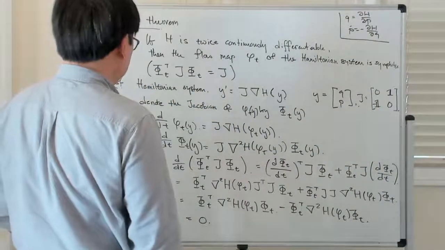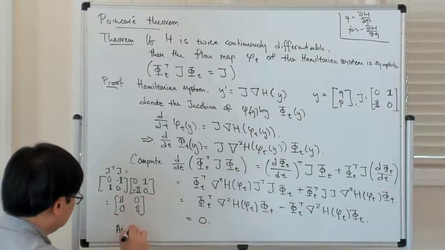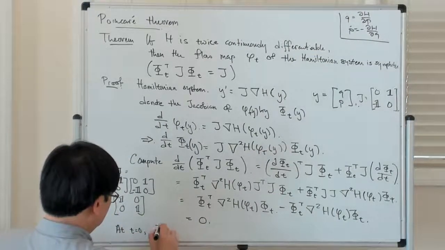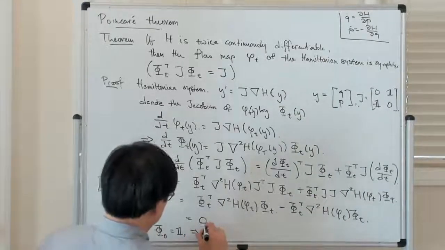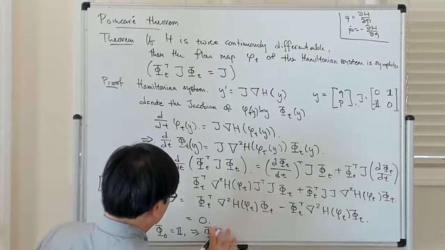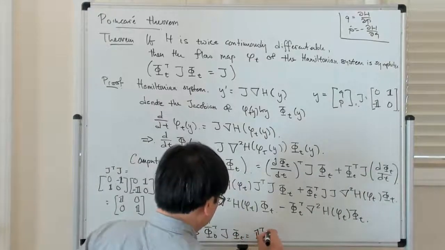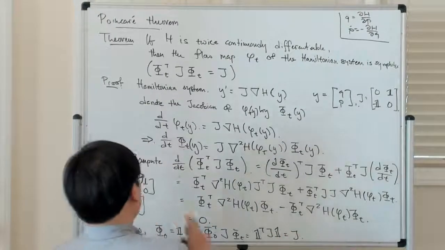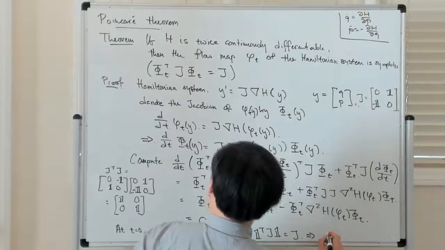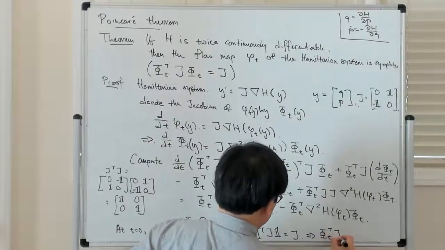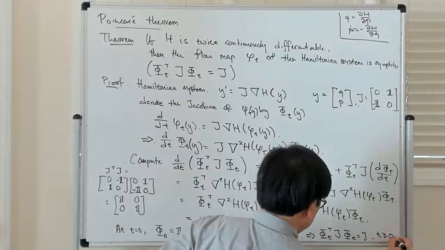And as I said, at time equals 0 this is trivially true, because the linearization of the flow map at time 0 is just the identity, which means at time 0 you have identity transpose J identity, which is just J. That together with the condition that this time derivative is 0 means you have the symplecticity condition for t greater than or equal to 0, which is what you wanted to prove.